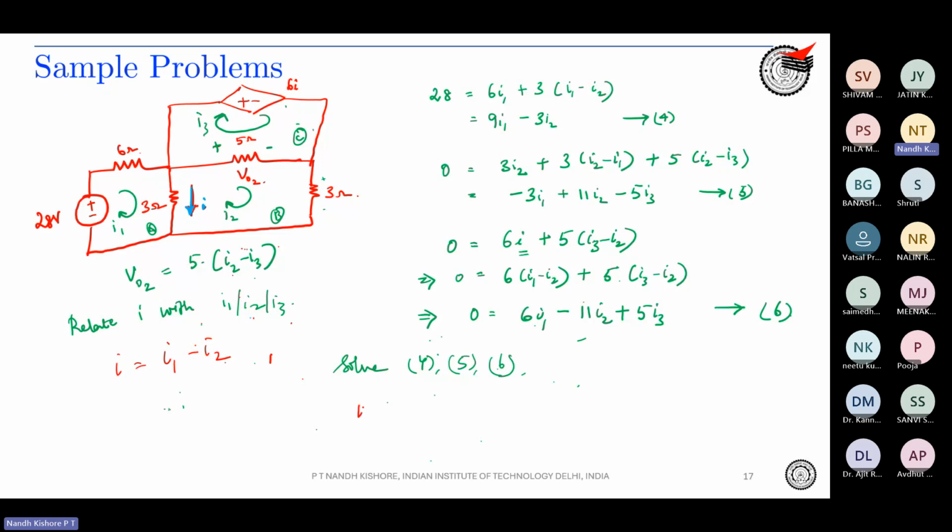So what you will be getting is I1 equal to 0, I2 equal to minus 9.33, and I3 equal to minus 20.533. Is it understood by everyone how we are writing the mesh equation? If you have any doubts, please let me know now.